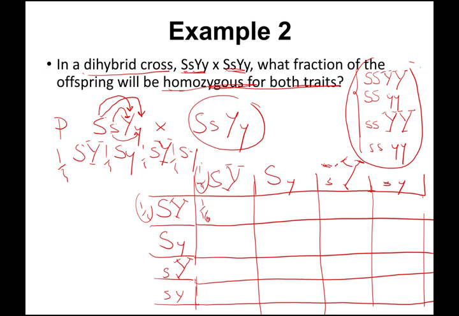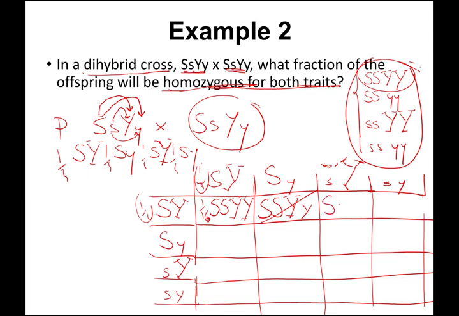So the first possible combination will be capital S, capital S, capital Y, capital Y. This already meets the definition of what we're looking for. Second combination: capital S, capital S, capital Y, small y. So this will be heterozygous for the second character, so it doesn't match the description of what we're looking for.